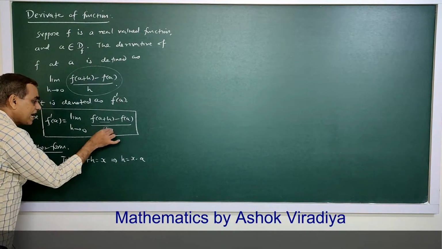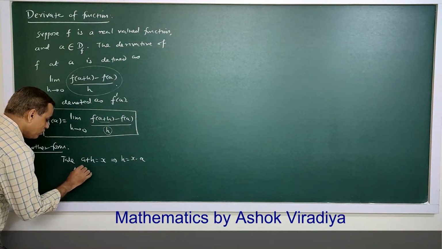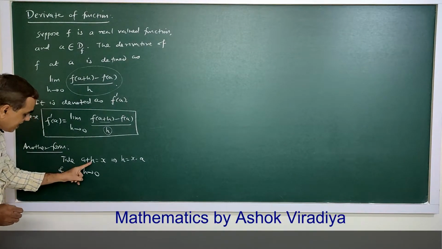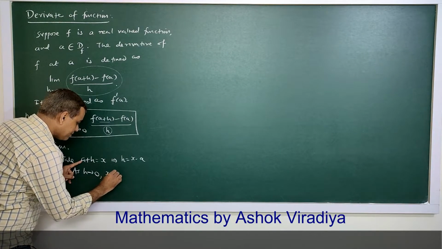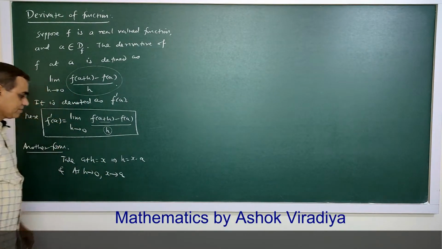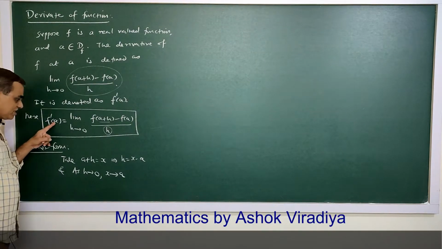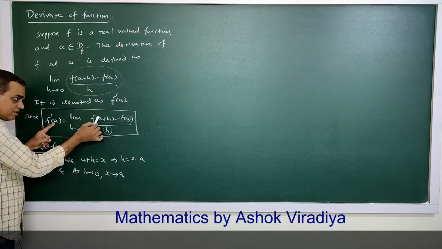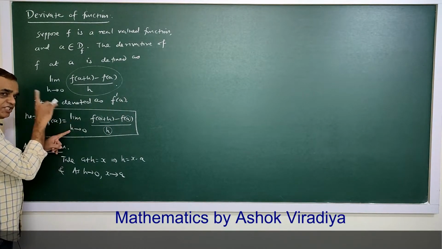And as h tends to 0, x tends to a. Here a is constant, so this number is constant. h is variable, h is not constant.